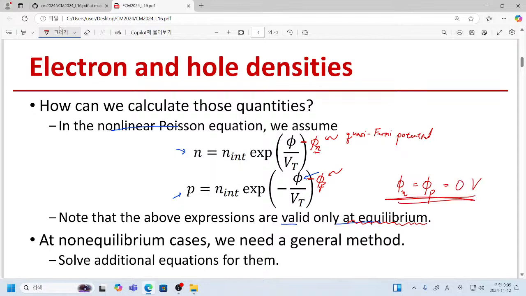So although in general the electron density can be written in terms of phi minus phi_n, or phi minus phi_p, with this special consideration at equilibrium we can safely neglect these two terms, and electrons and holes are expressed in terms of the electrostatic potential only.